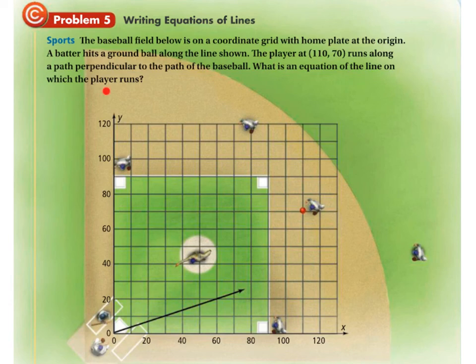What's the equation of the line on which the player runs? So we know that it contains this point, and if we know the slope of this line, then we can use the opposite reciprocal slope with this point and write the equation for it. We're going to do that on the next slide. I wanted you to see this big first.